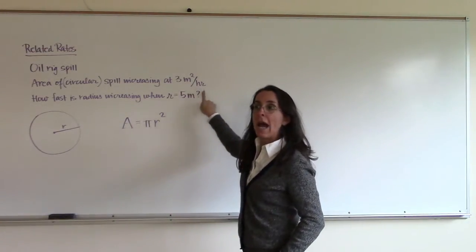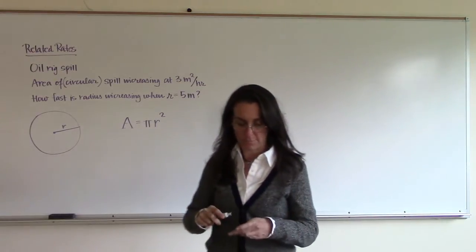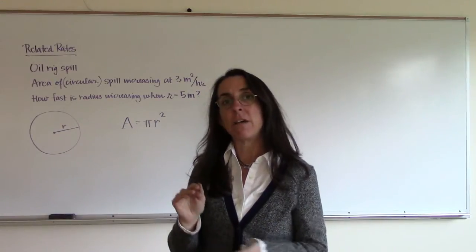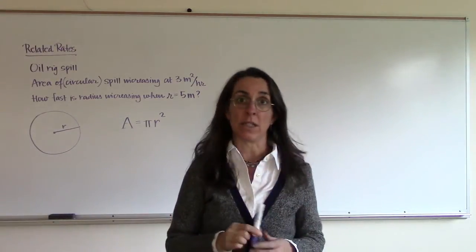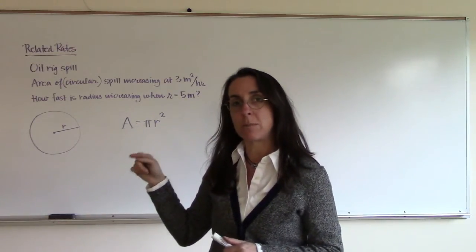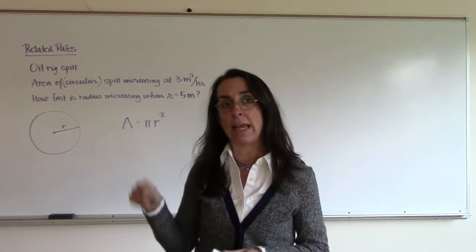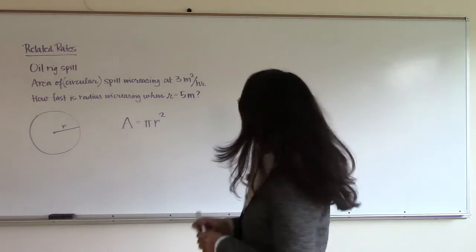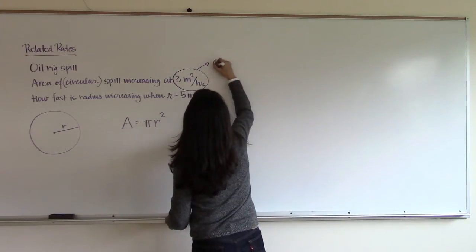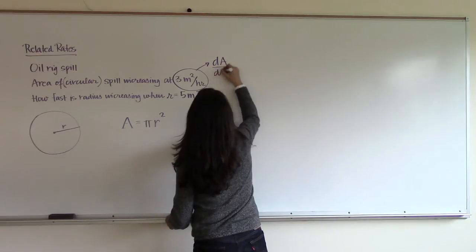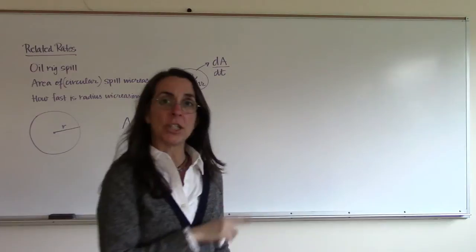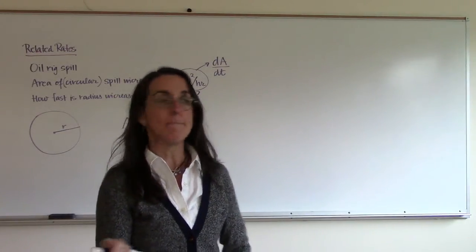Square meters per hour. You remember when we talked about dy dx, that kind of notation? Well, we're really going to use it here. If area is capital A and time is little t, then this thing is dA dt, the rate at which the area is changing with respect to time. Okay?